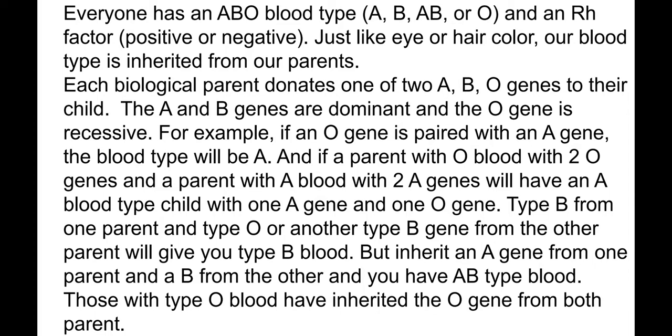O means pure blood, no special proteins are produced, and no genes of type A or B. Then if such a parent has O blood type and the other parent has A blood type with two A genes, the child will have A blood type with combination A and O. Or if the other parent has B blood with two B genes, then the child will have blood type B and a combination of B and O.